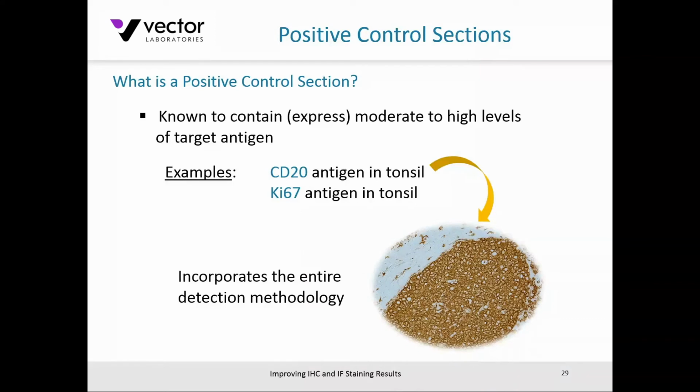Indeed, you could even use tonsil, depending on the cut you've got, to look at epithelium staining as well, or a cytokeratin marker. So this might alleviate concerns for investigators worried about costs or trying to source positive control material. You can use the same tissue block for multiple different markers.